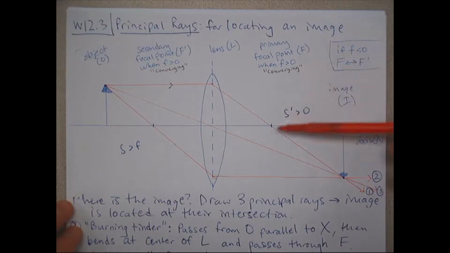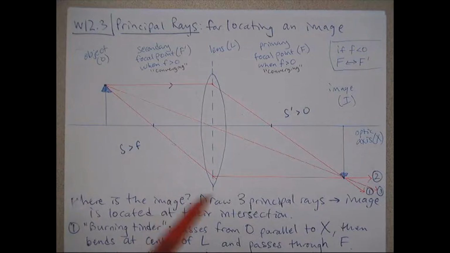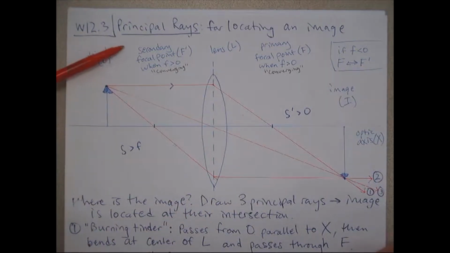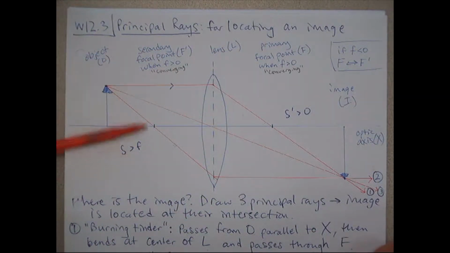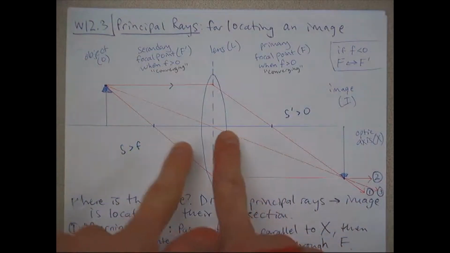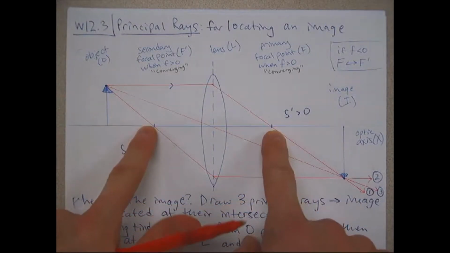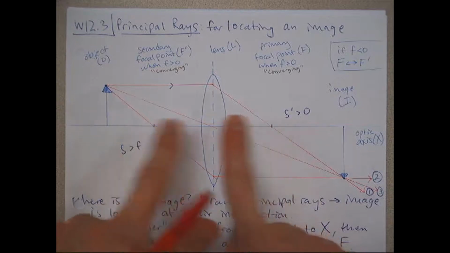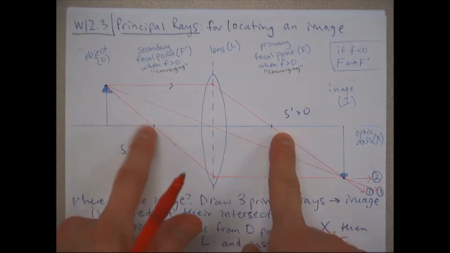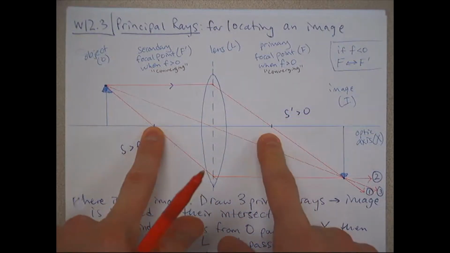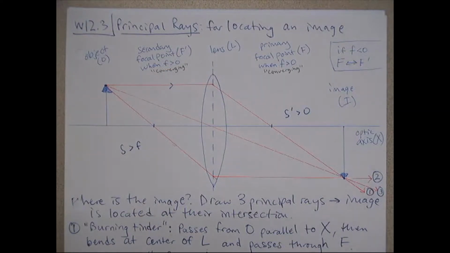We'll call that primary focal point capital F. There will be a secondary focal point, F prime, on the left side of the lens at the same distance away from the center of the lens. So it's a mirror image, secondary focal point on the left, primary on the right.